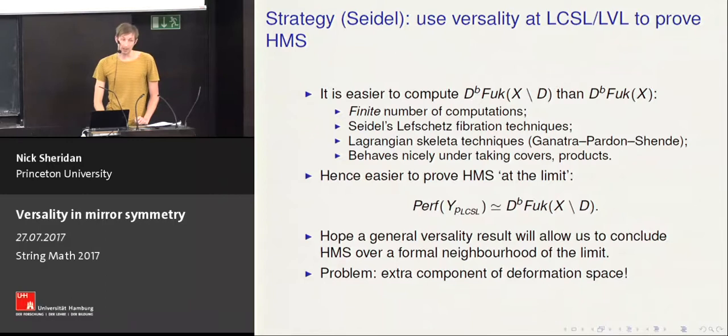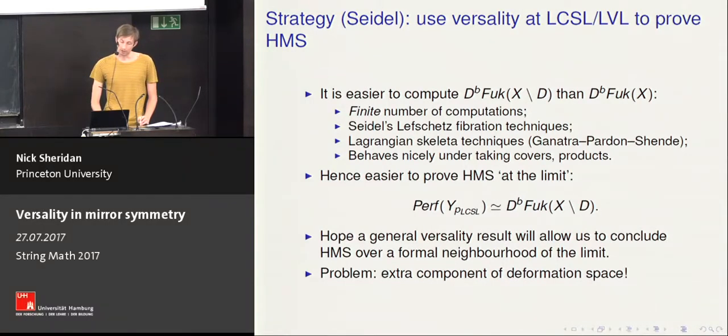You have a bunch of computational techniques. For example, Seidel's Lefschetz fibration techniques. If X is a fiber of an anti-canonical pencil in a Fano variety and D is the base locus, then you essentially have an algorithm for computing this category.